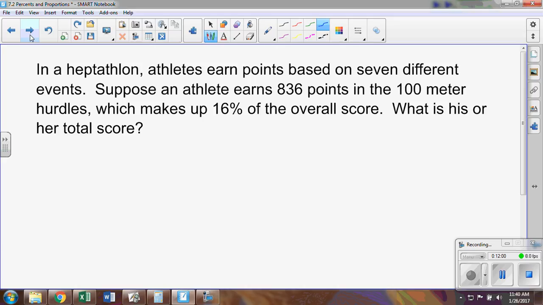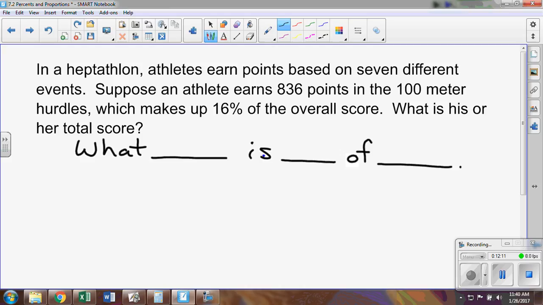Well, when you read this, are you able to recognize that kind of structure? Okay, if you can, go ahead and rewrite it that way. Some of the things that I'm looking at, 16%.